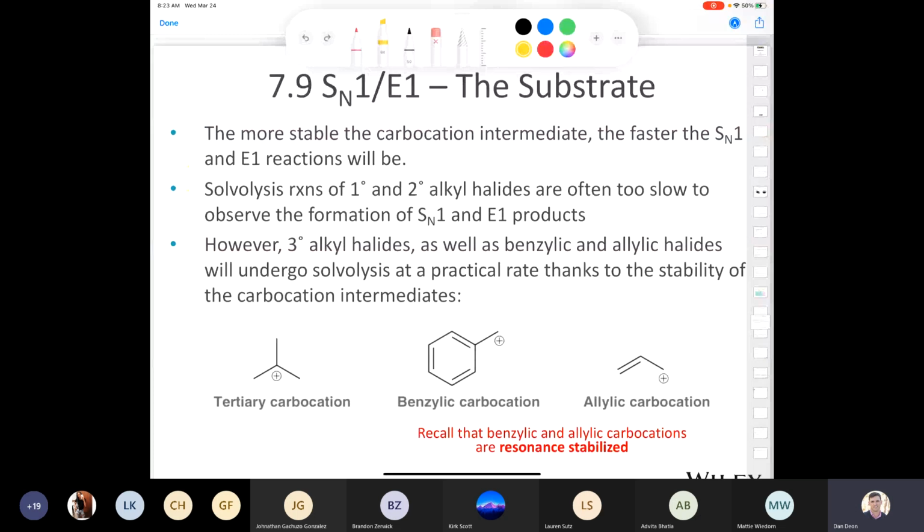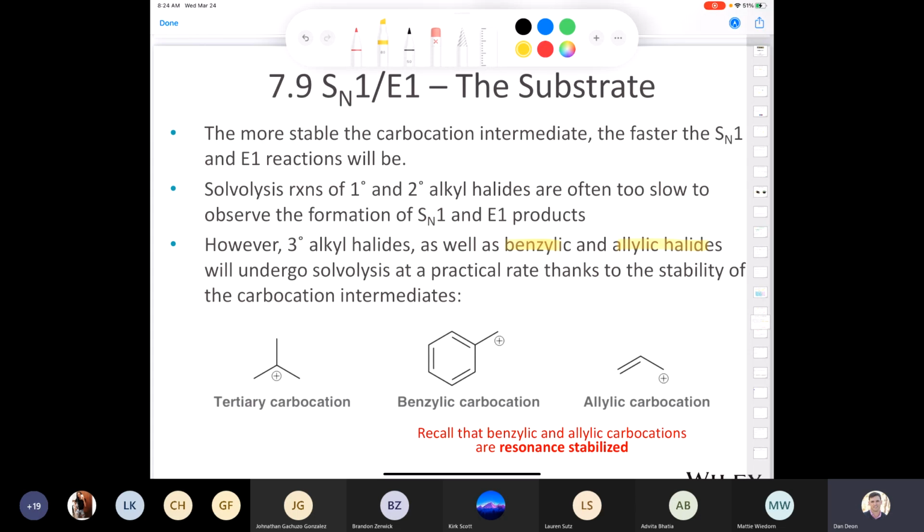However, besides a tertiary alkyl halide, which would produce a tertiary carbocation, we can also do SN1 and E1 reactions using benzylic and allylic halides. Now, they're going to undergo solvolysis because they don't produce tertiary carbocations, but they produce stable carbocations.